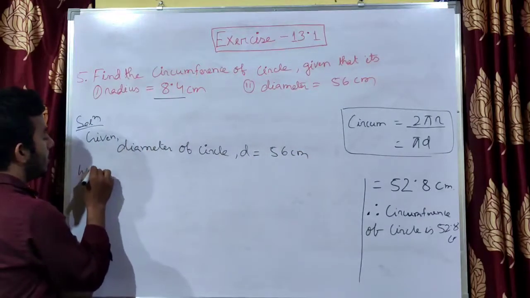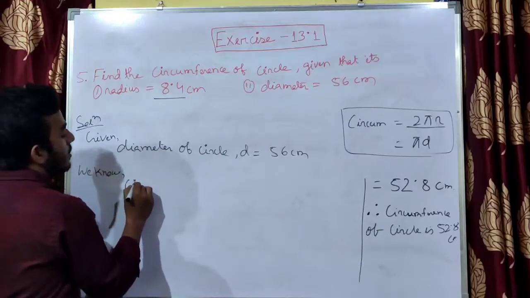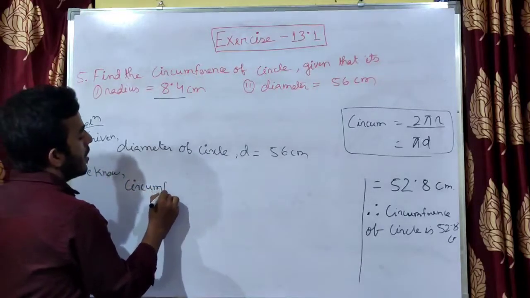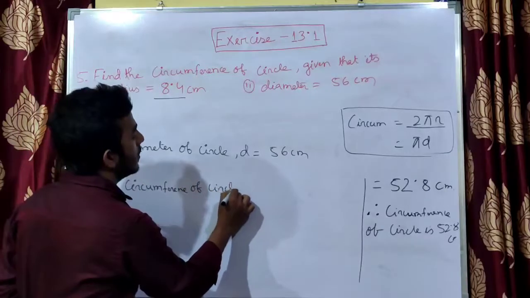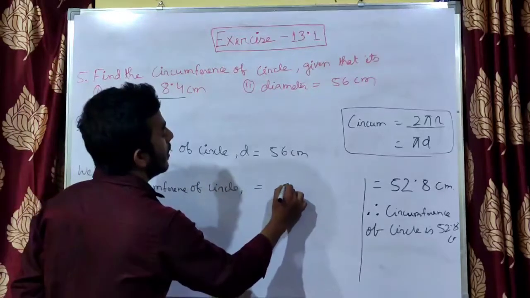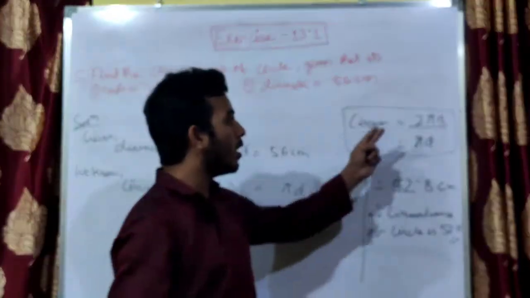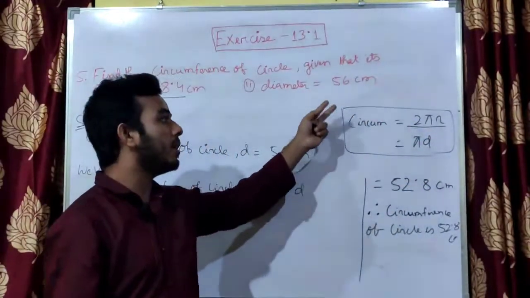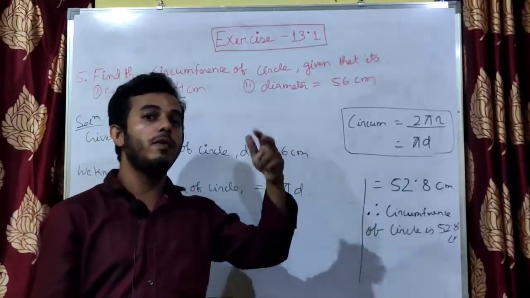We know circumference of circle equals what? If there is diameter, we can use pi d. Okay, if you want to use this formula 2 pi r, if there is diameter, you can use. Before that, you have to find radius from diameter.